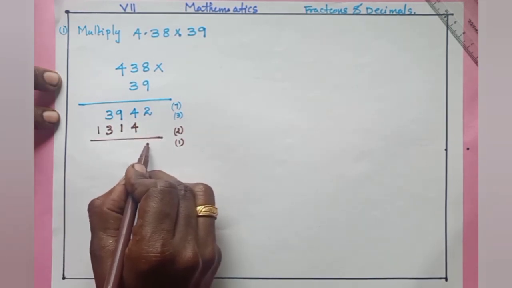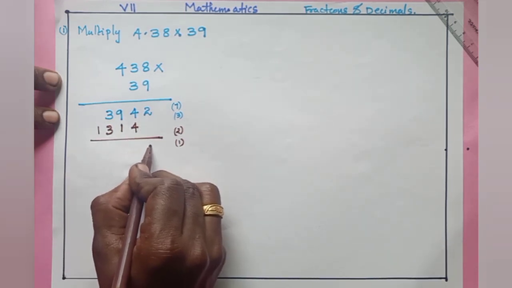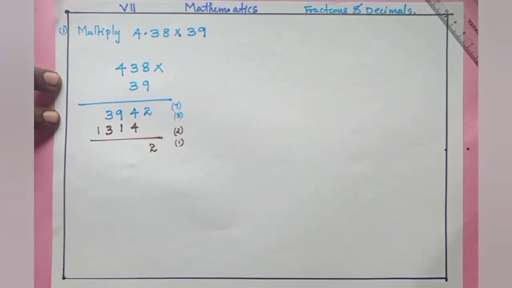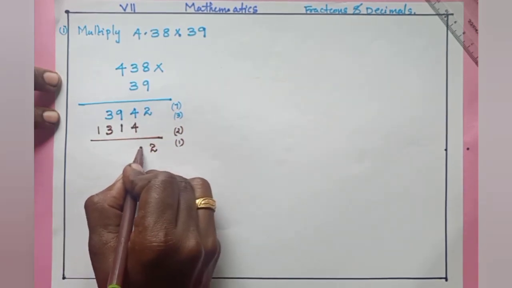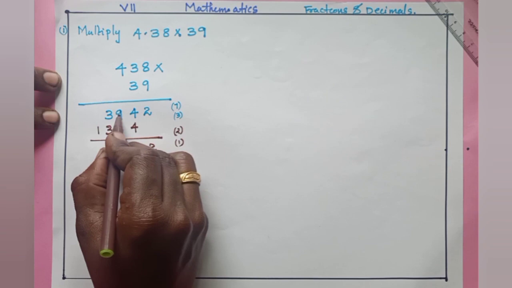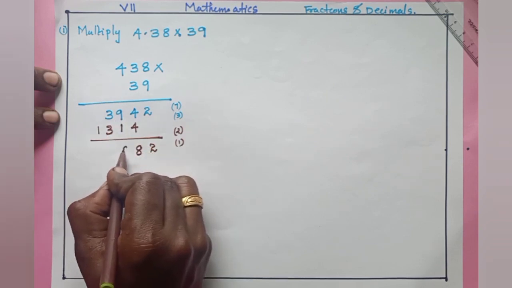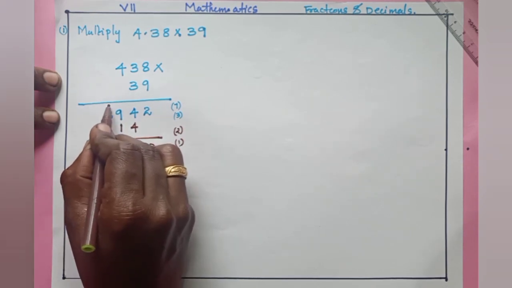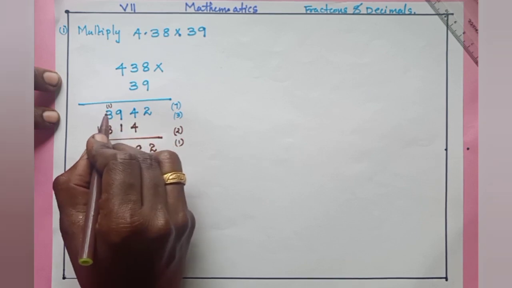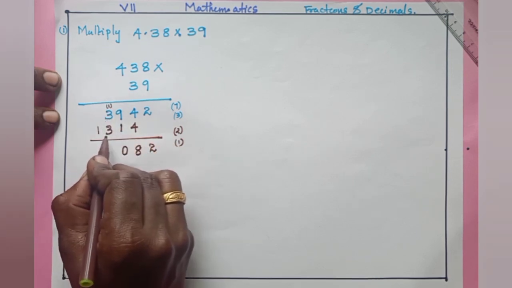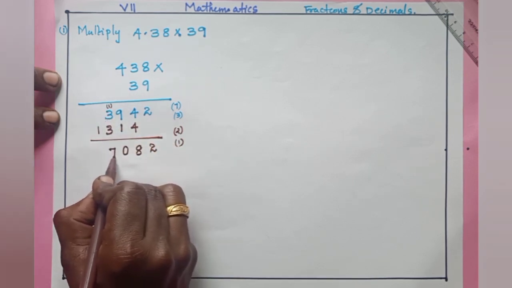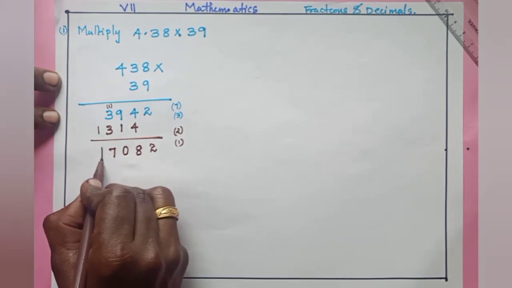So we get adding: 2, 4 plus 4, 8, 9 plus 1, 10, 0, 1 balance, 1 plus 3, 4 plus 3, 7, this 1.